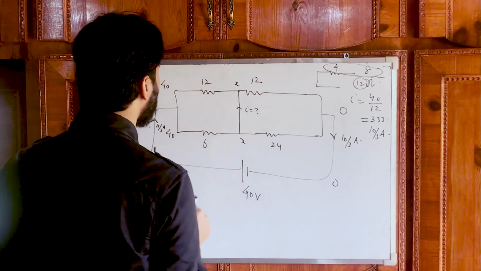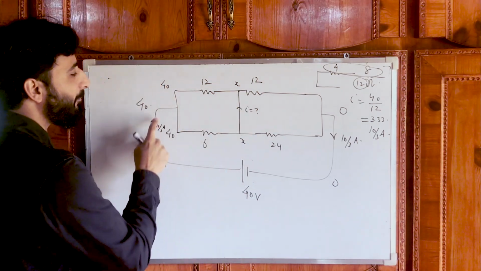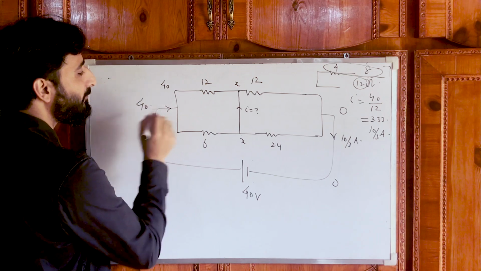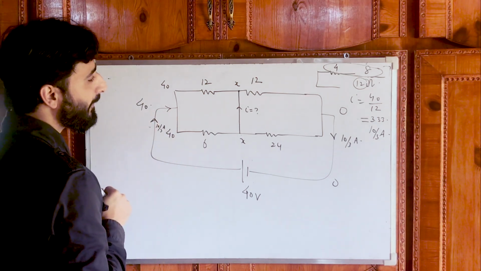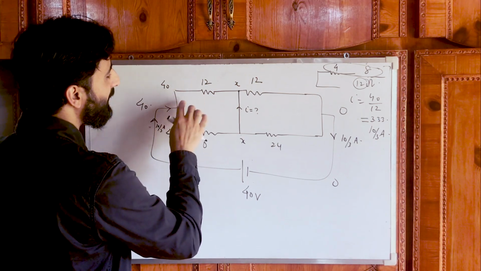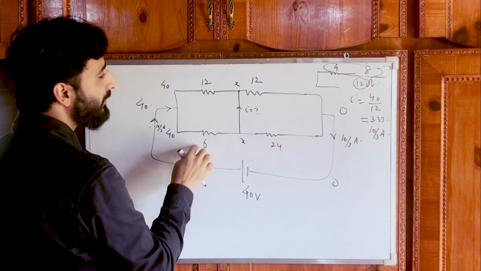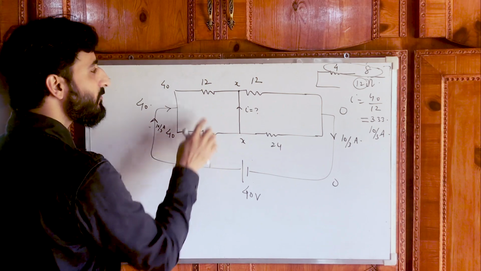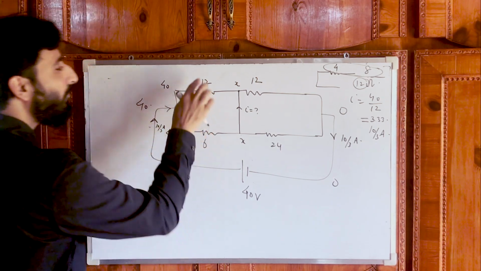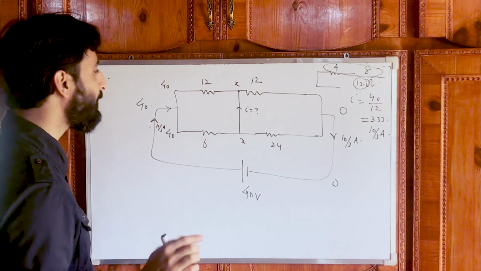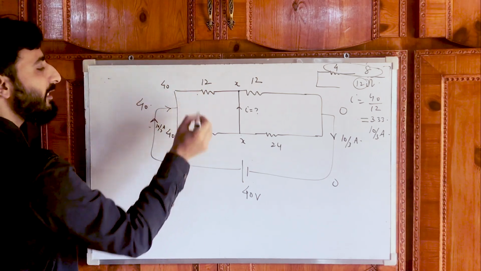How to find it out? First of all, we have 10 by 3 ampere current coming from this branch. Now, it gets divided into two. 12 and 6 are in parallel. Now, how the distribution works, we know the ratio of the current through this and this.